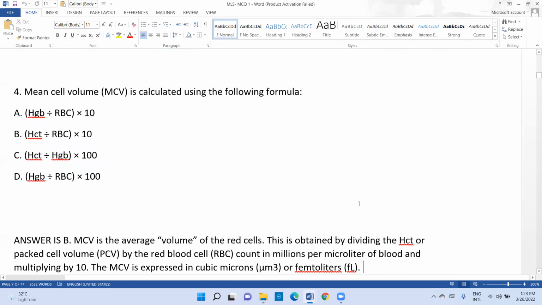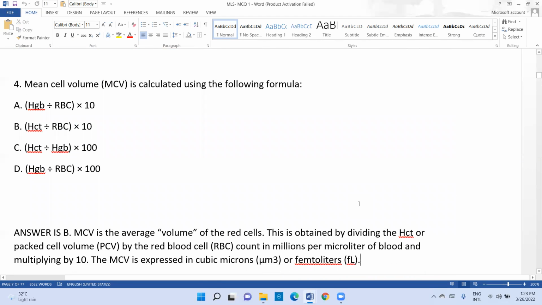Then question number 4: mean cell volume is calculated using the following formula. When you see a question about mean cell volume, we do not have to worry about hemoglobin.